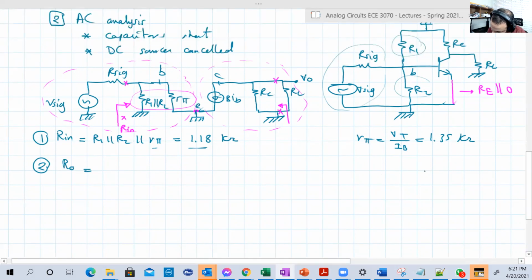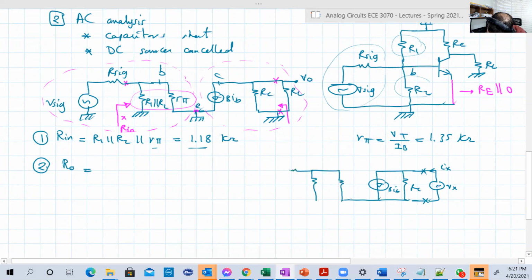We're going to look between the terminals of RL. We're going to remove RL and put Vx and Rx. We have RC, beta IB, R pi, R1 parallel R2, then R signal, then nothing, because we're going to short V signal.